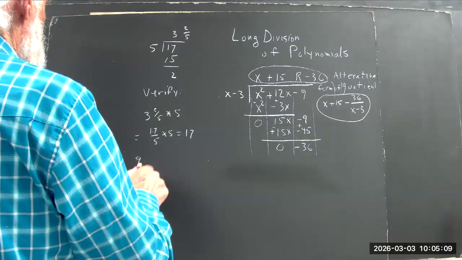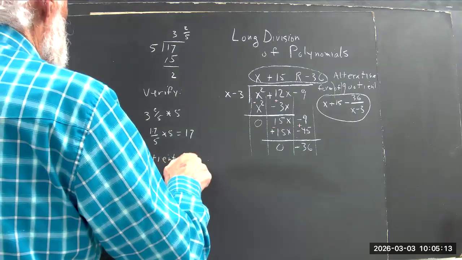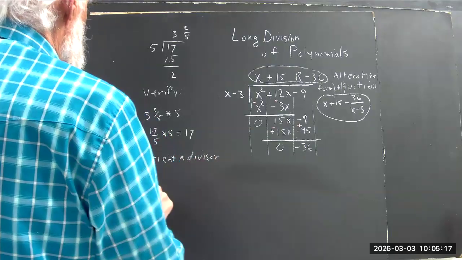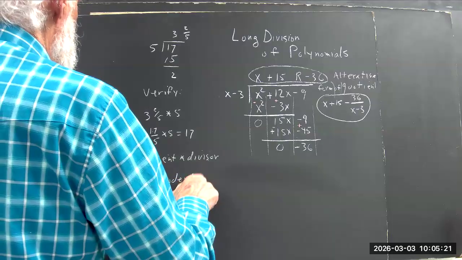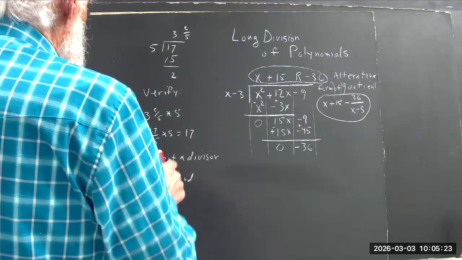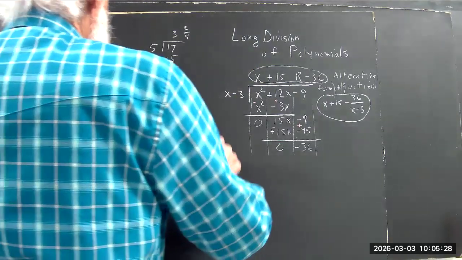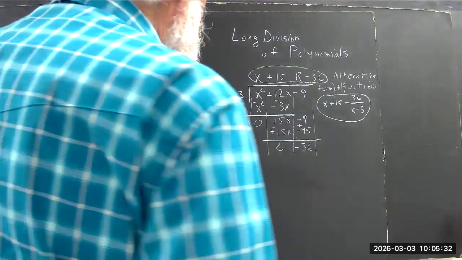So the quotient multiplied by the divisor is equal to the dividend. Let's check if that's true over here. Okay, it's true for the simple division 5 into 17.